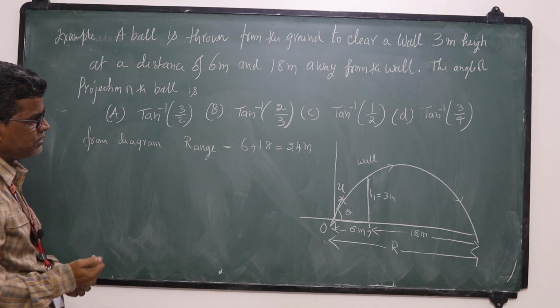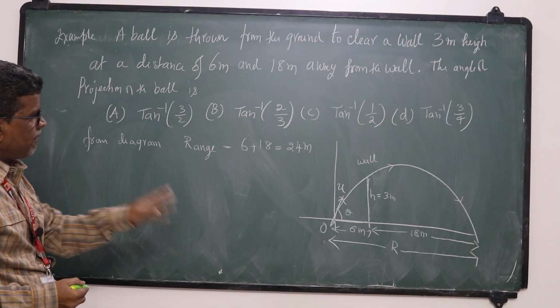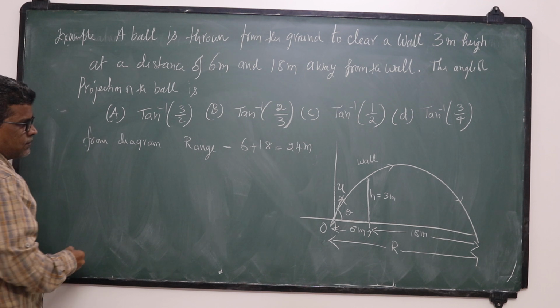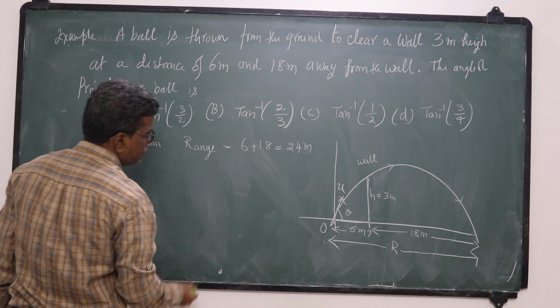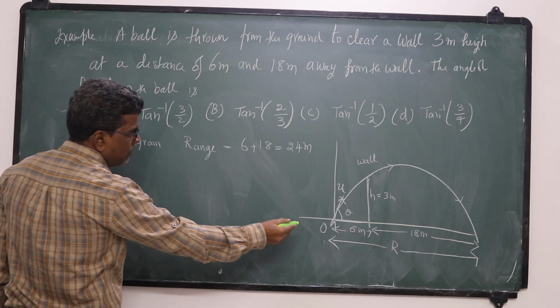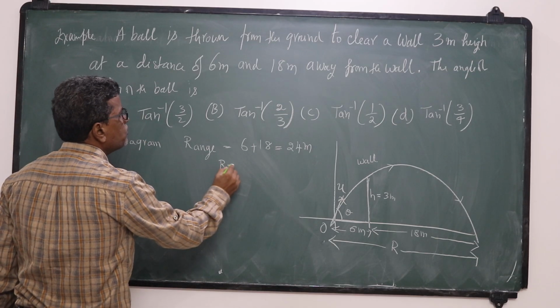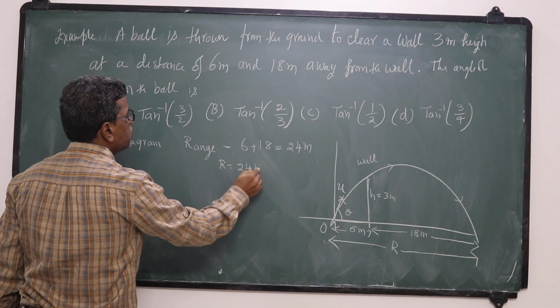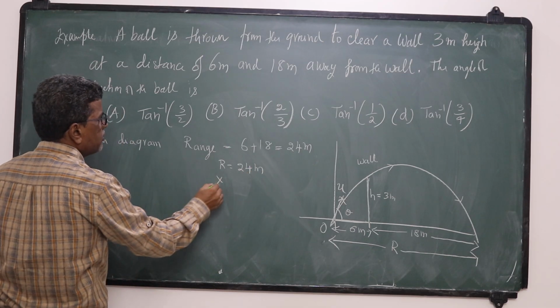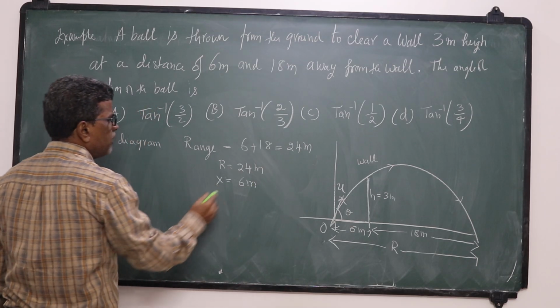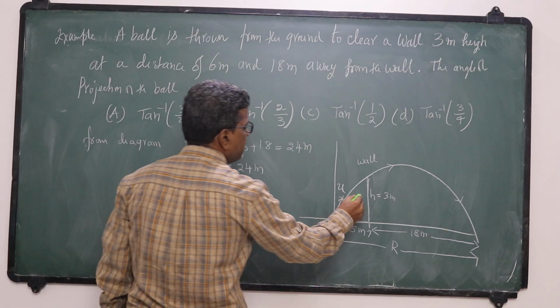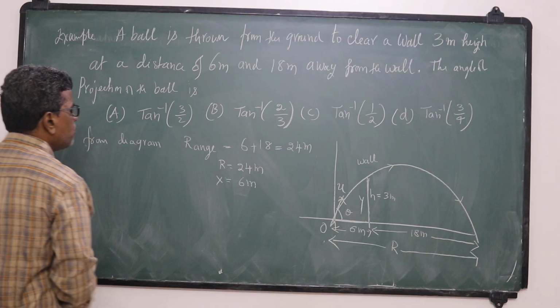So the range of the projectile is 24 meters, and I want the angle of projection. So we have range R, and R is 24 meters. What is x here? x is 6 meters. So we want y. Let it be y, so y is equal to h.